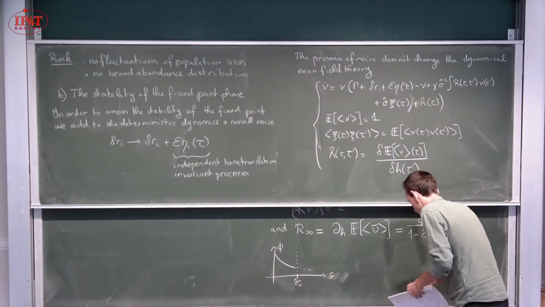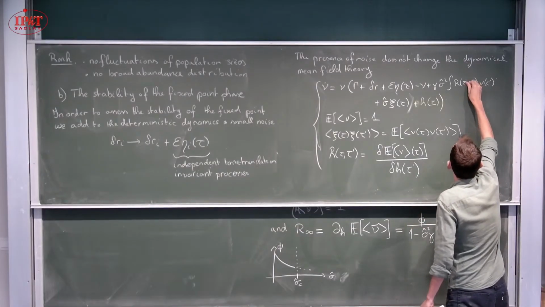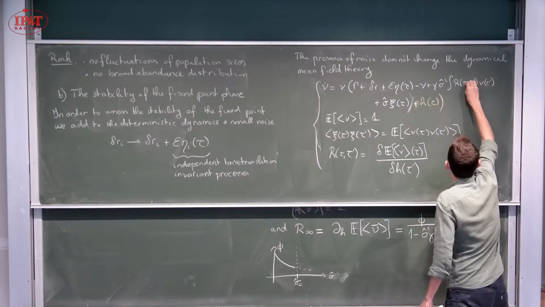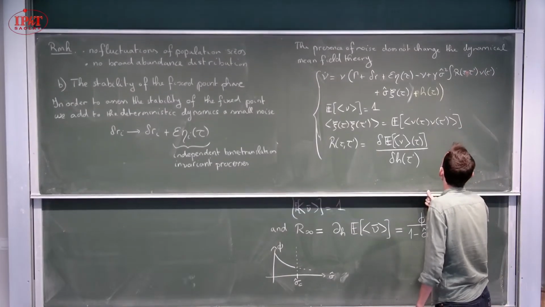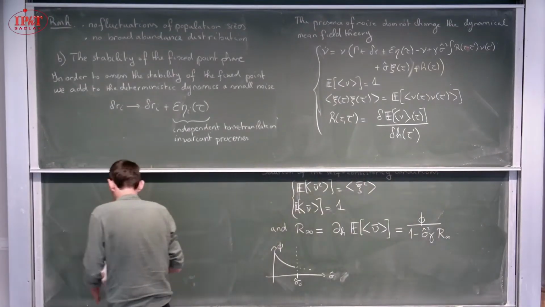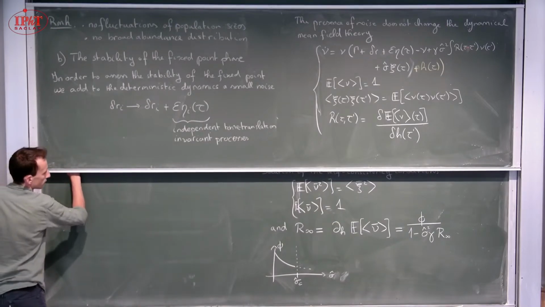And now, assuming that the fixed point is stable, I assume that we have time translation invariance in the presence of small noise. So I'll say that R is a function of tau minus tau prime.